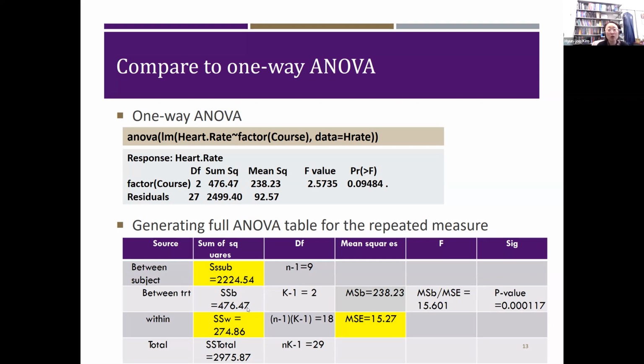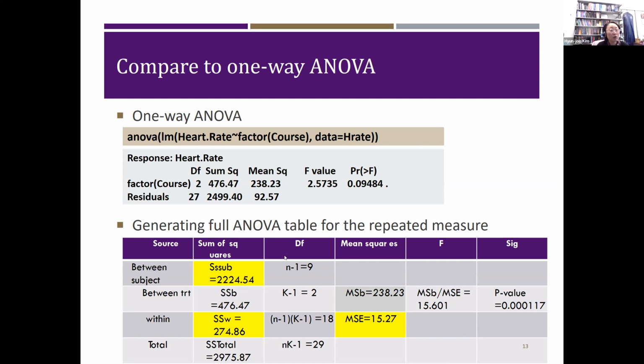SS total is the sum of squares factor plus the sum of squares error for the residual. If you add those two numbers, that should be SS total. So SS total in the repeated measure and also one-way ANOVA will be 2,975.87. We can put that number over there.